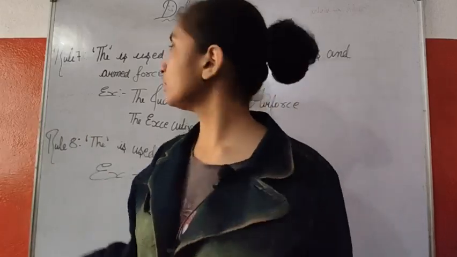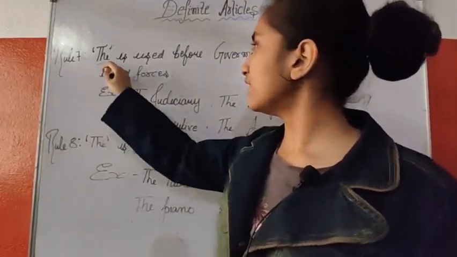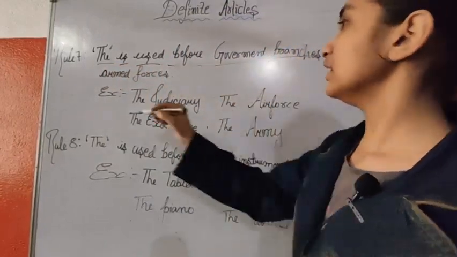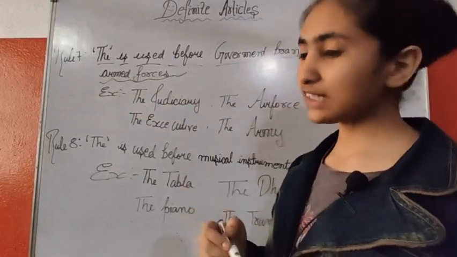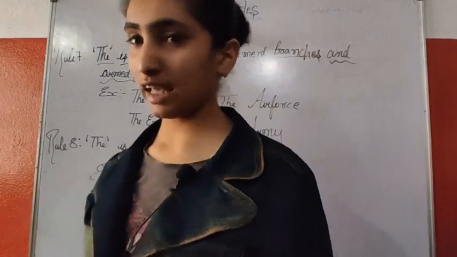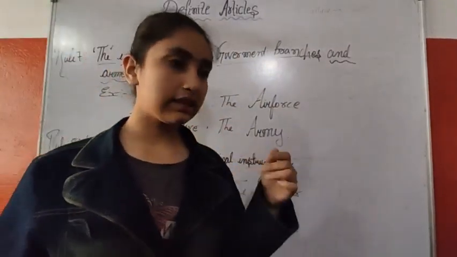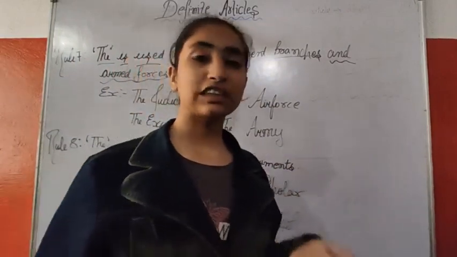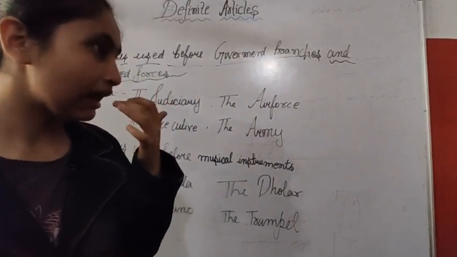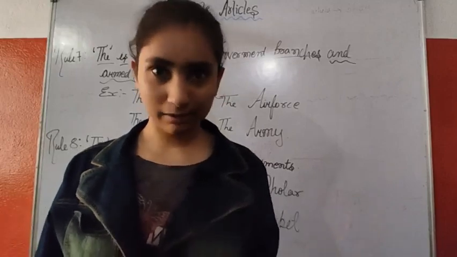Now guys, let's move to rule number 7. What does rule number 7 say? It says that "the" is used before the government branches and the armed forces. What does this mean? Government branches means the people who are working under the supervision of the government, or in Hindi you can say sarkari karamchari.